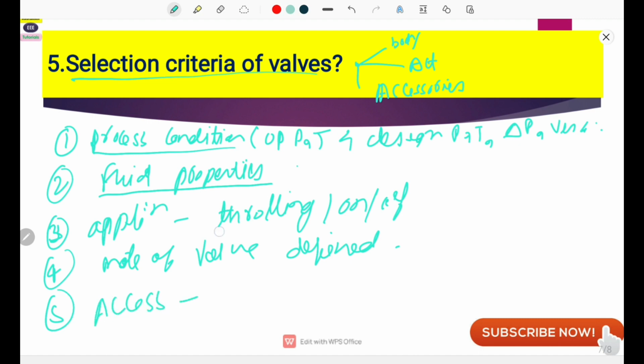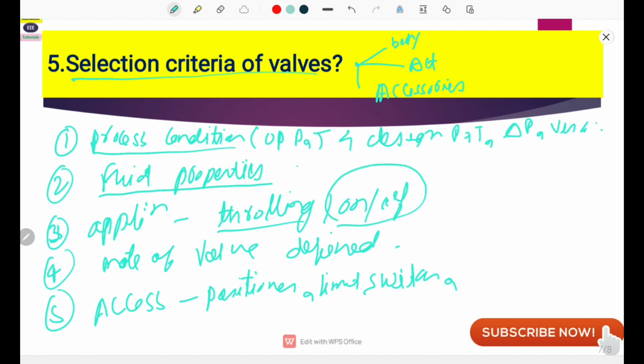So in accessories, if you are using the throttling valve, then the positioner will be required to maintain the position of the valves. And if you want the feedback of the valve, means it is open or it is closed, then you need a limit switch. And also if you are using any on-off valve, then it will require SOV.